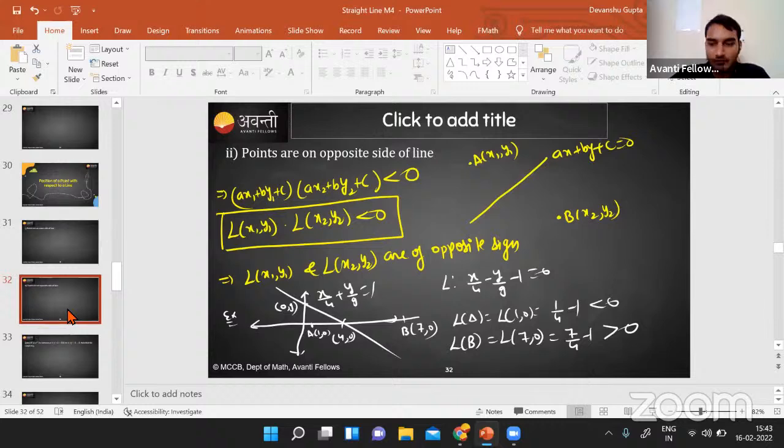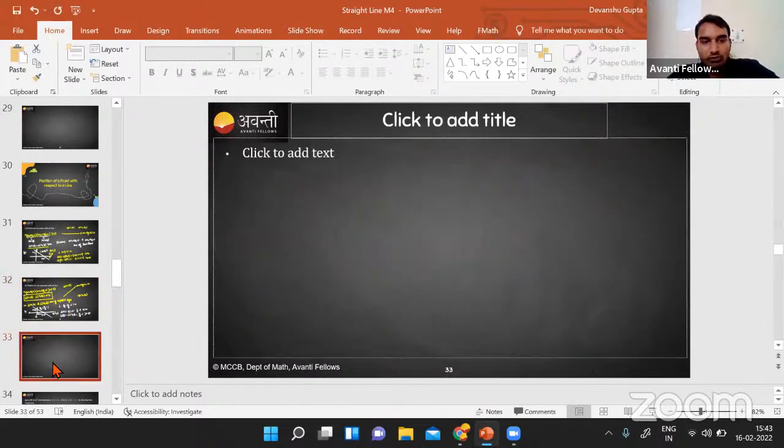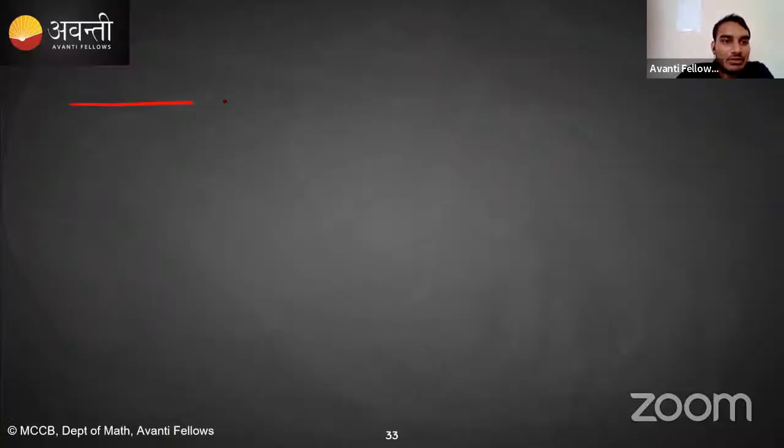Just everyone, please focus here. So see, what I'm saying is, let's say this is your line L1 and this is your line L2, and this is some point A, let's say (x1, y1). So with respect to L1 and L2, the point A is lying on the below side, below L1 and below L2. So it means point A is lying on the same side of L1 and L2, right?